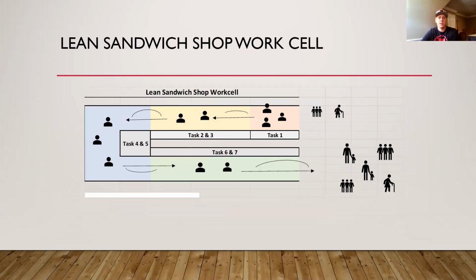So here is the Lean Sandwich Shop work cell that I created. It is based off the ratchet formation, right? We have our 4 tasks, our 10 employees assigned to each of those tasks.